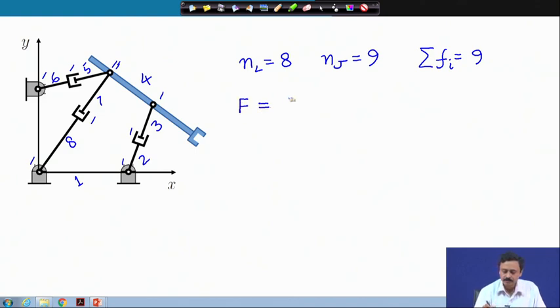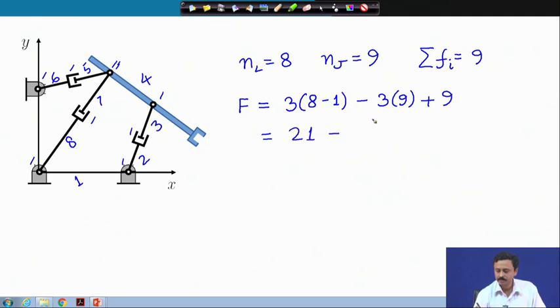Therefore, degree of freedom becomes 3 times 8 minus 1 minus 3 times 9 plus 9, 21, 27 plus 9, that gives us 3.